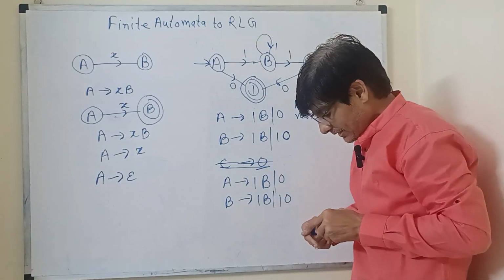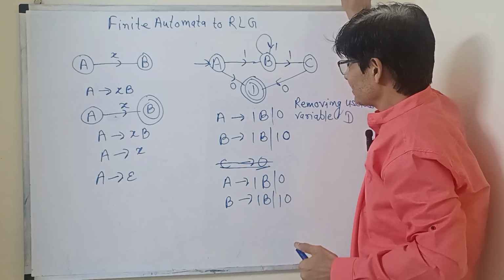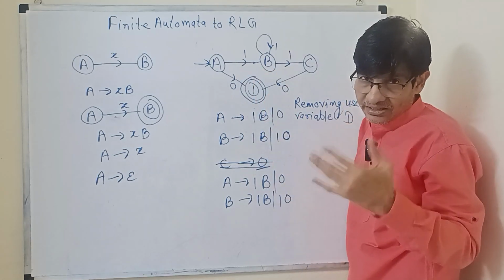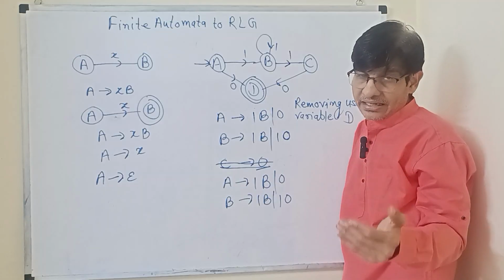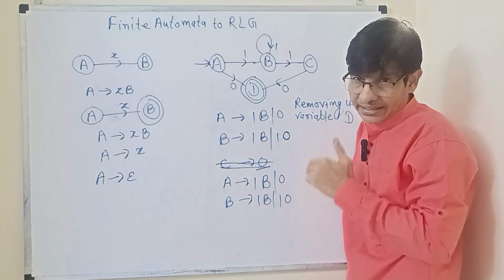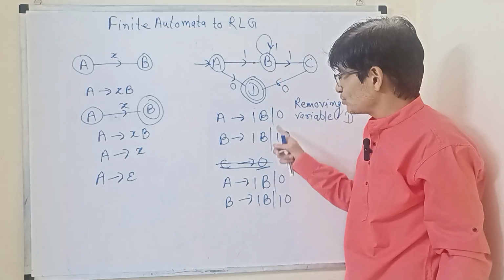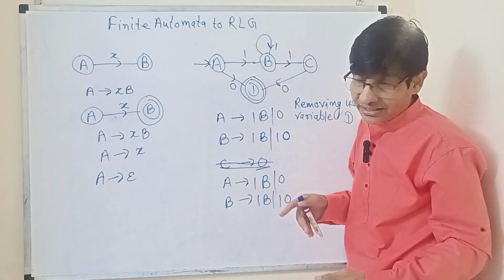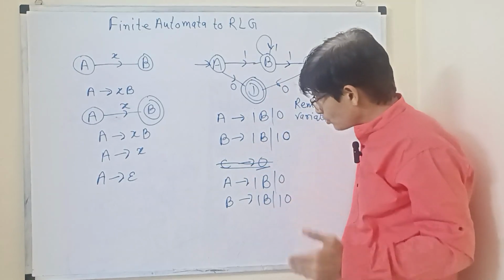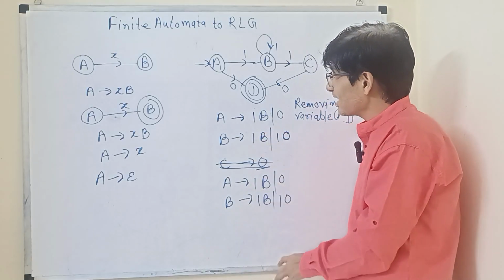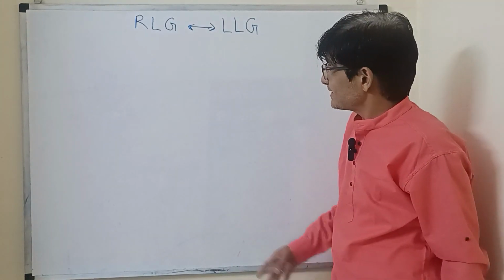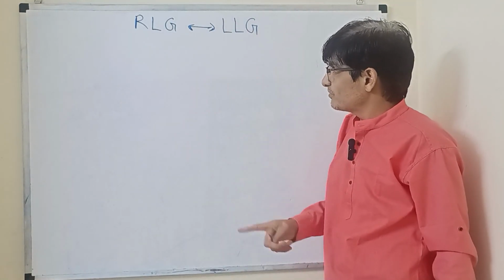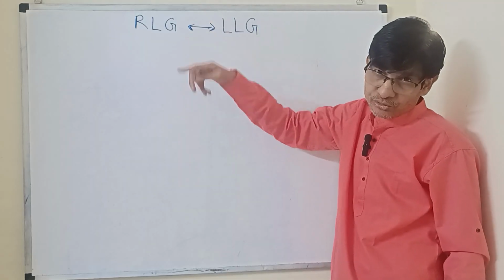I hope this is very clear, as this conversion is very useful when you are converting any RLG to LLG or LLG to RLG. So now we will see how to convert RLG to LLG and LLG to RLG.